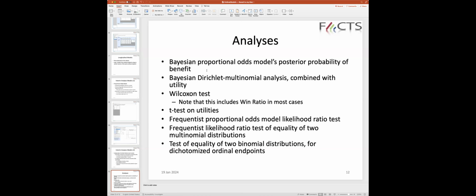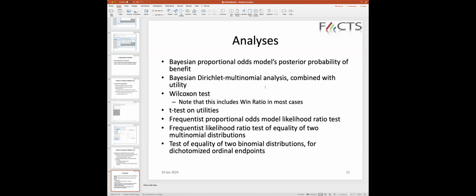So at least a 98% probability of benefit is required for an efficacy claim according to a Bayesian proportional odds model. So that would be quite analogous to things we've done in FACTS before.